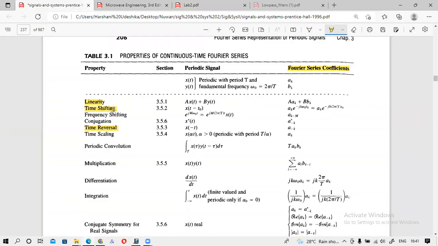So x of t minus t naught, you will get ak e to the power minus jk omega naught t naught. So this will be the answer.